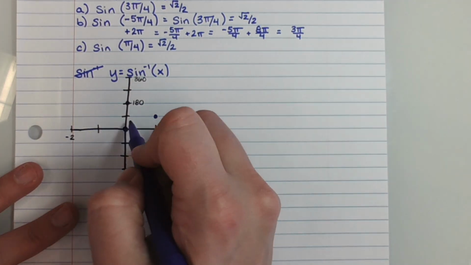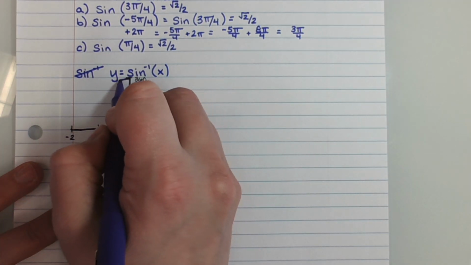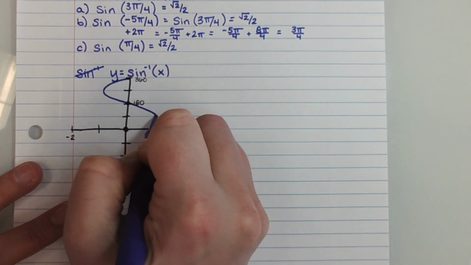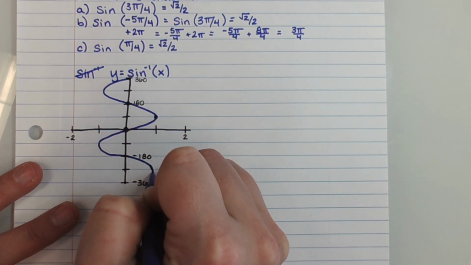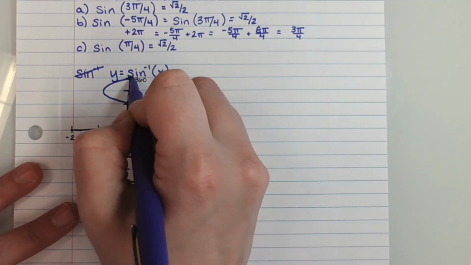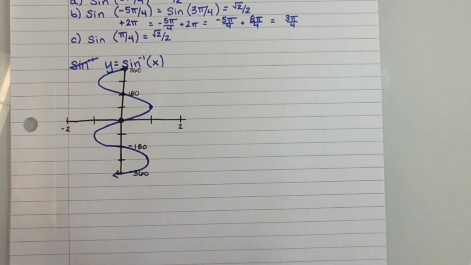And my graph would look like, if I keep doing this, that. What's that kind of look like? It almost looks like a regular sine graph, but going vertical instead of horizontal.